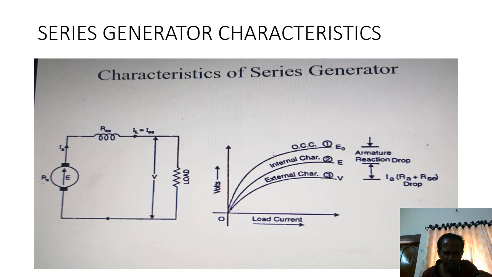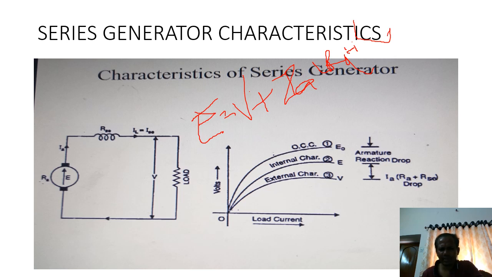But one more thing, observe the equation: E is equal to terminal voltage plus IA, the armature current, which is the same as the load current, into RA plus RSC, the series field resistance. So this is what we are observing from this derivation.